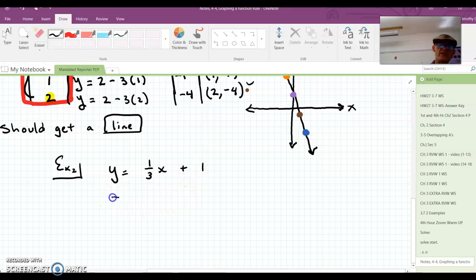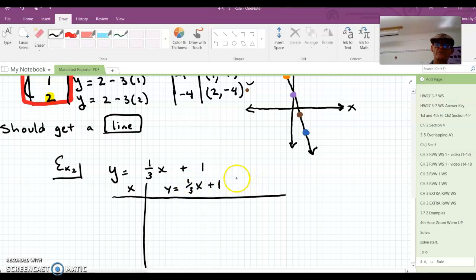All right, so let's get the table. The setup is the same, where you write x here, and in the middle you write your rule, y equals 1/3 x plus 1. And then you write your y values. And now, if you notice the denominator on this fraction, those are the values we're going to choose for x.